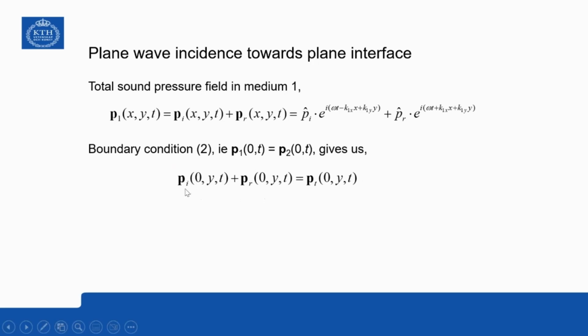So this sum, the incidence and the reflected waves, must be equal to the transmitted wave, evaluated at x equals 0 at the interface position. If we insert this and cancel out the common factors, we arrive at this expression. What we have to deal with further is this k1y and k2y. What are these?